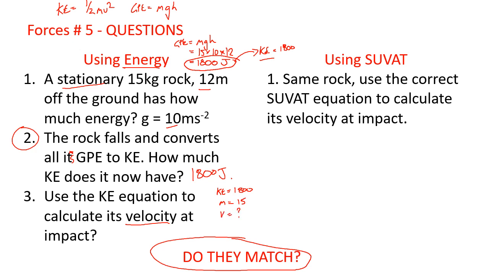Okay, so let's write out the kinetic energy equation. Let me find a spot where I haven't scribbled. So kinetic energy equals half times the mass times velocity squared, and I need to get a single v on its own. So straight away I want to divide this side by half m. So if I do that to one side, I have to do it to the other side. Half of m, which leaves me crossing out half, m and m.